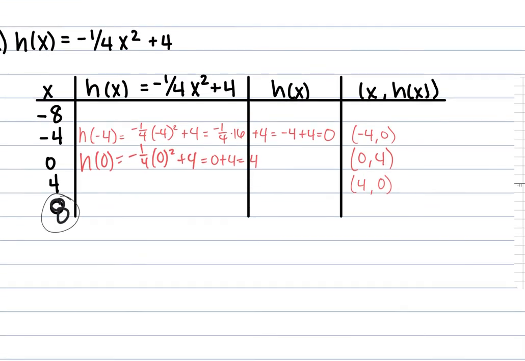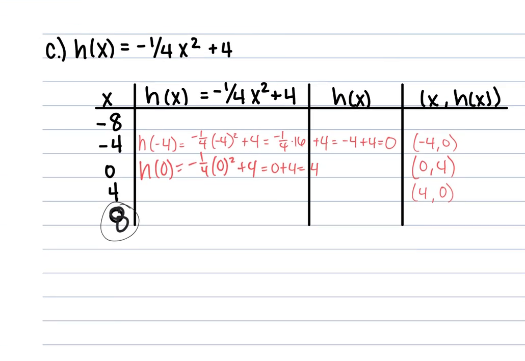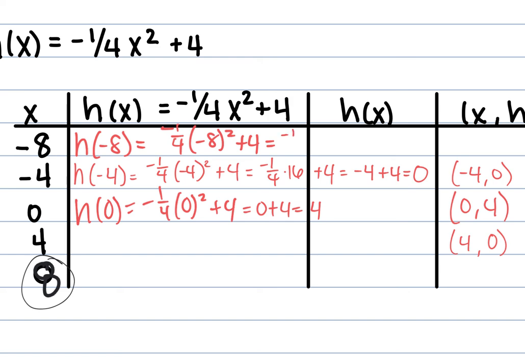Yes? Okay. Let's do negative 8. h of negative 8 equals negative 1/4 times negative 8 squared plus 4. Yes? What is negative 8 squared? 64. Positive 64. Negative 1/4 times 64 plus 4.